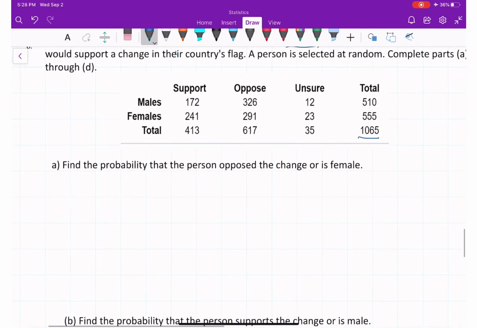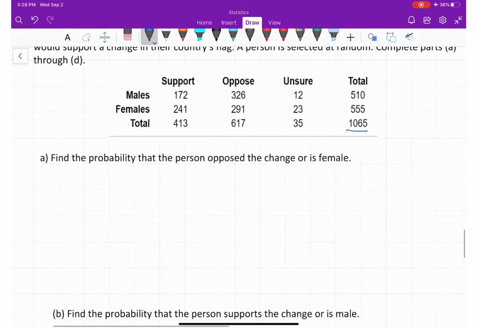Question A. Find the probability that person opposed to change or female. So who is opposing? How many total opposing? Look at the table and tell me. Oppose or female.